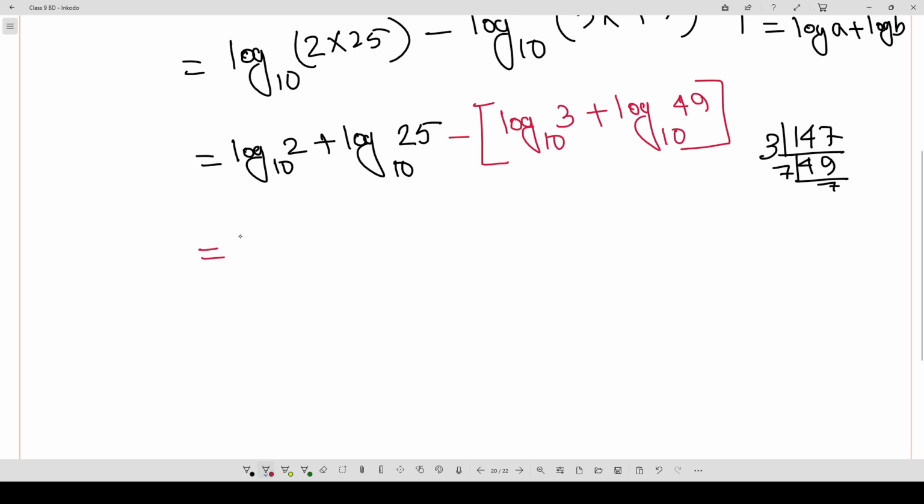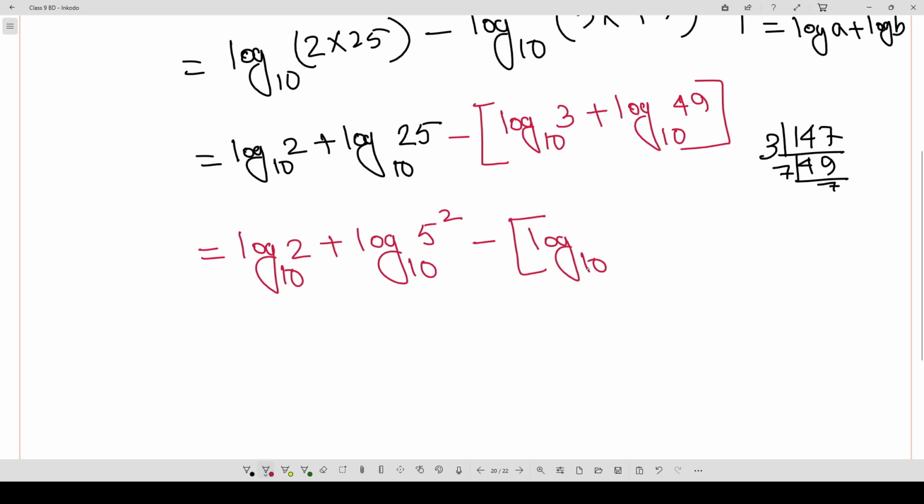Next, log 10 base 2 will be unchanged, plus log 10 base, this 25 we can write 5 square, okay, minus log 10 base 3 will be unchanged, plus log 10 base, this 49 we can write 7 square, okay.